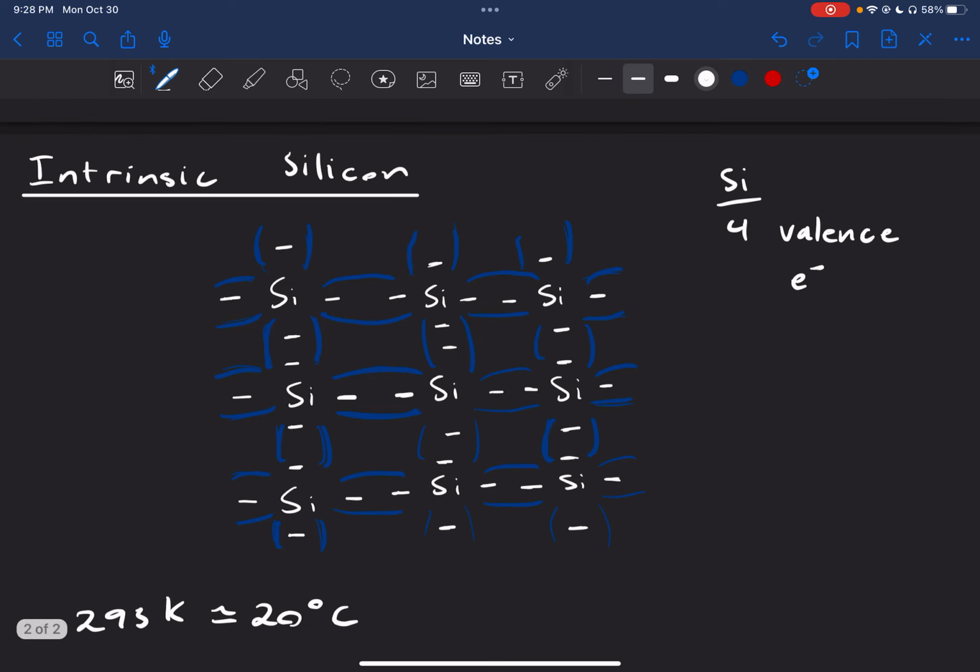What we'll see start happening at room temperature is that these covalent bonds start to break, right? At this temperature, there's enough energy in the structure where this covalent bond breaks. And that means that this electron is now free to move around the structure. All right, so let's say it moves here for right now.